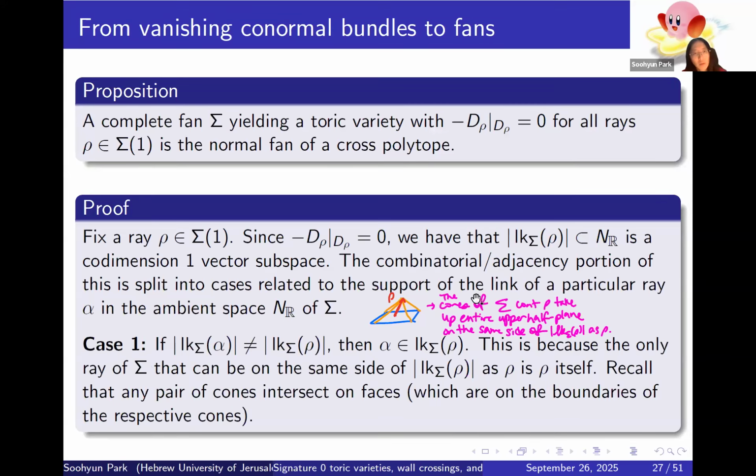So for the remaining rays of the fan, you split into 2 cases, whether the support of the link of that fan is equal to that of rho or whether it isn't. And if it isn't, then the hyperplane has to contain something on the same side as rho, but it has to be rho itself because of the stuff that we just explained.